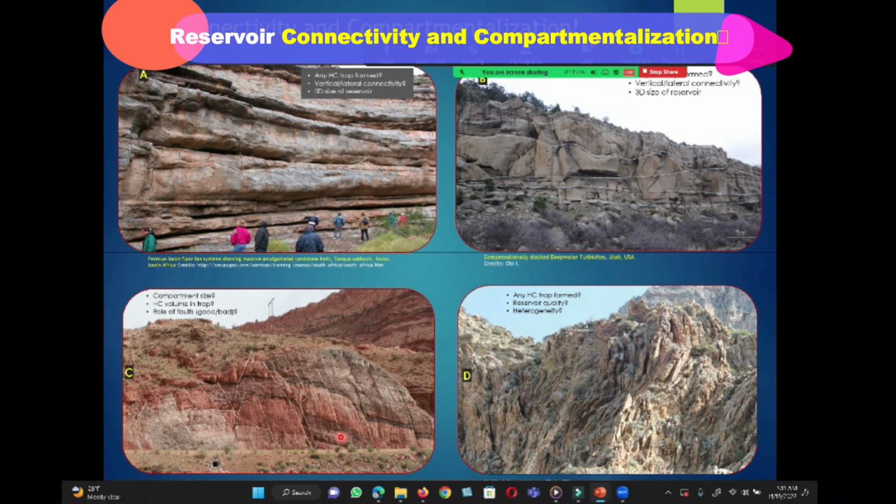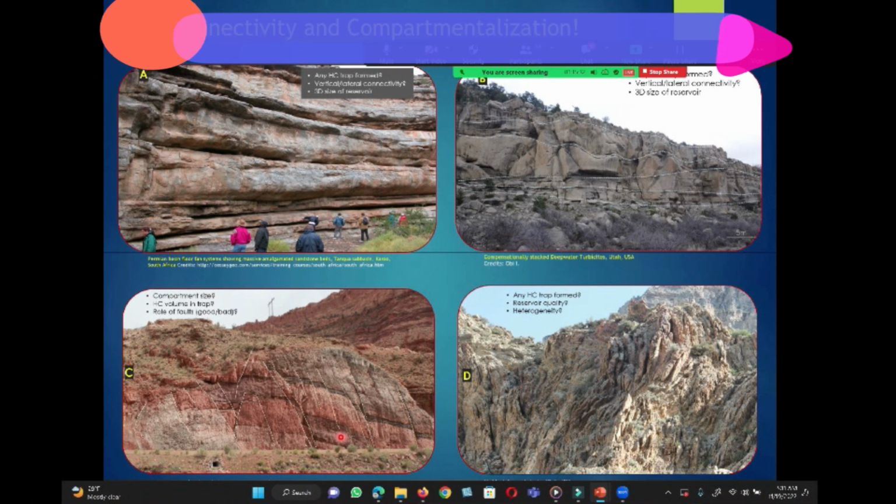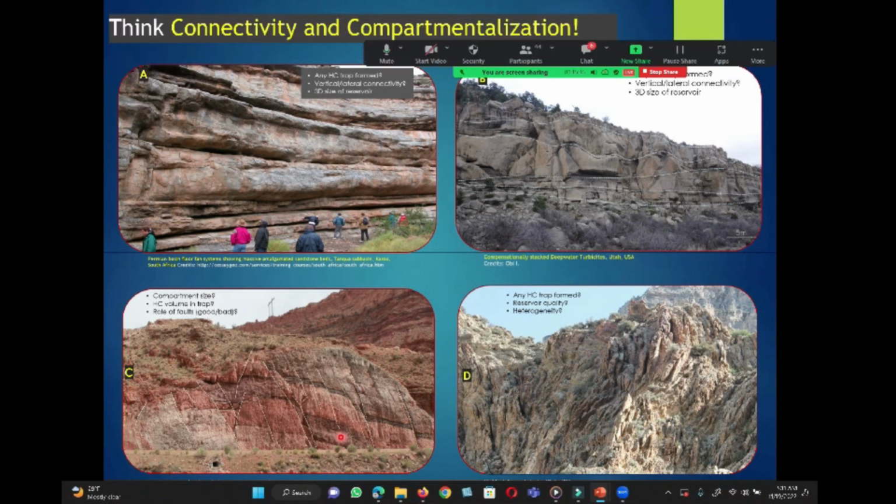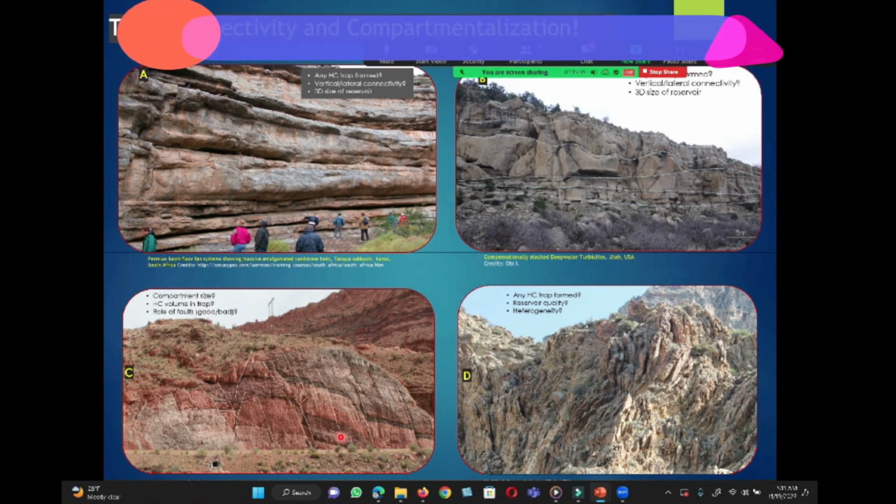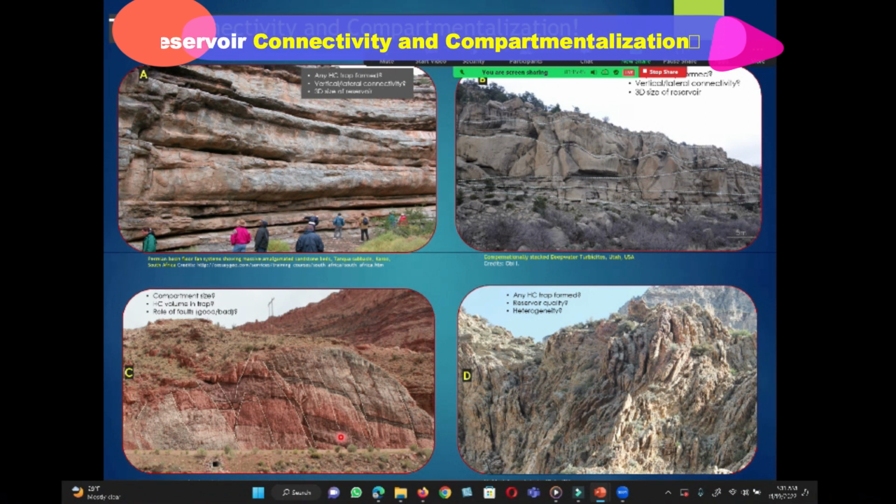Again, keep in mind, this reservoir rock did not start like this. They started off clean, nice, continuous, not faulted, not broken like this, not folded like you're seeing on figure D. But then life happens and things happen. They get stretched and that forms figure C. They get folded or squeezed, that forms figure D. They get compartmentalized by differences in conditions or sediment input, and then you see the upper figure.